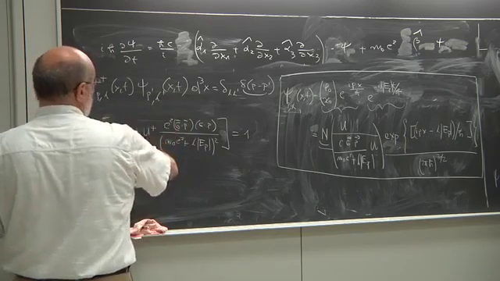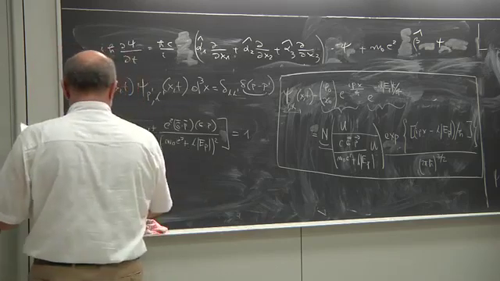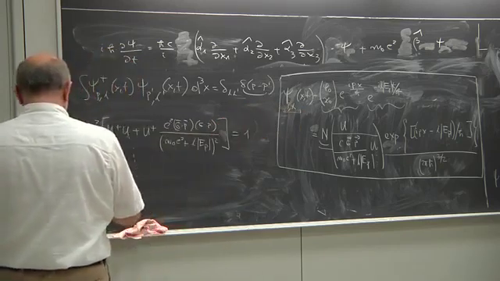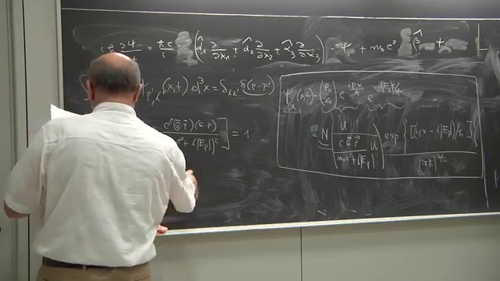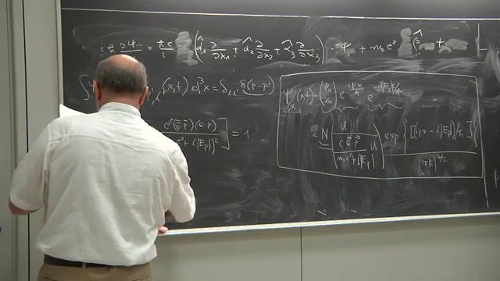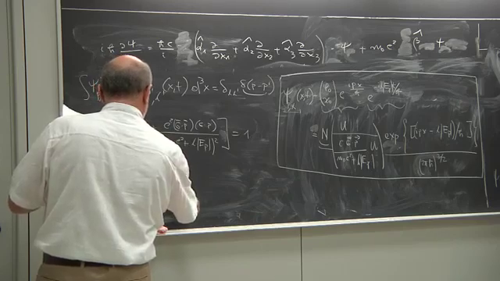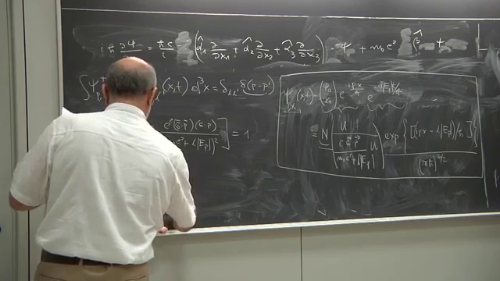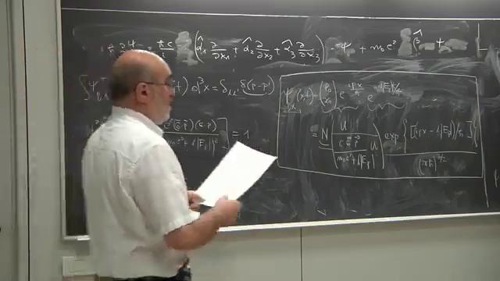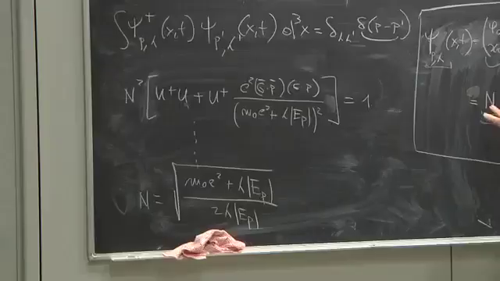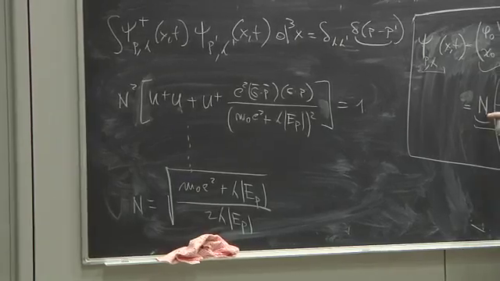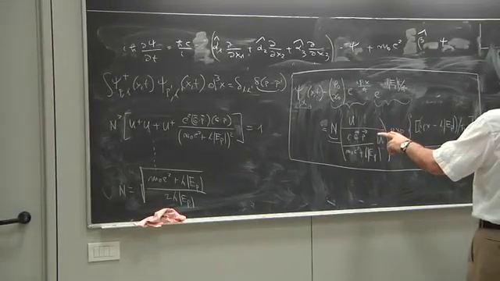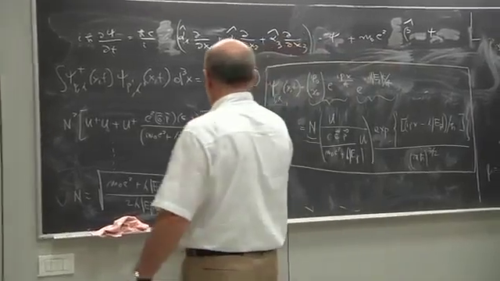Okay, anyhow, if you work this out, you do all the things, use that identity for the sigma matrix and so on, and the result is that the normalizing constant is the following: m0 c squared plus lambda EP over 2 lambda EP. This is the normalizing constant, so we were right in keeping something different from 1, because even if the u were normalized, the n was not normalized. Let me see if I did it right. There is a sigma p, there is a u.